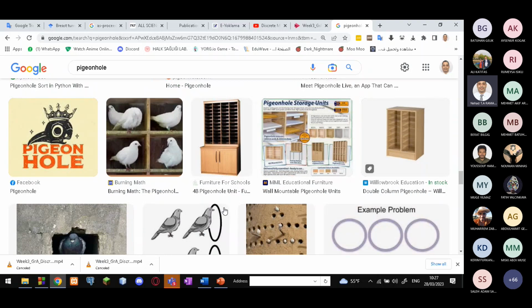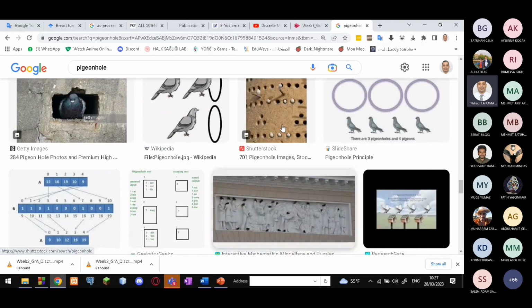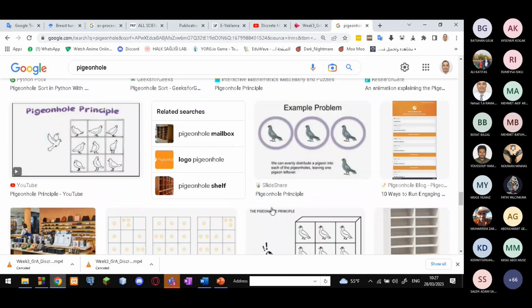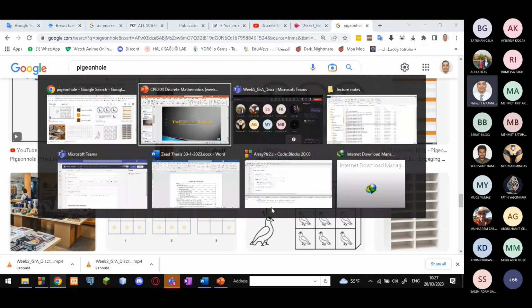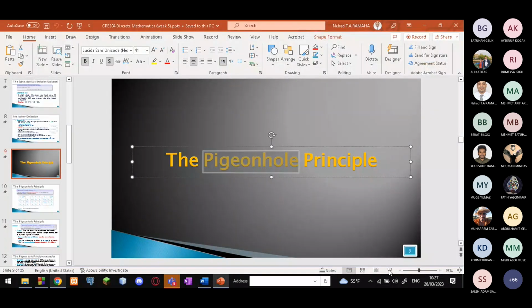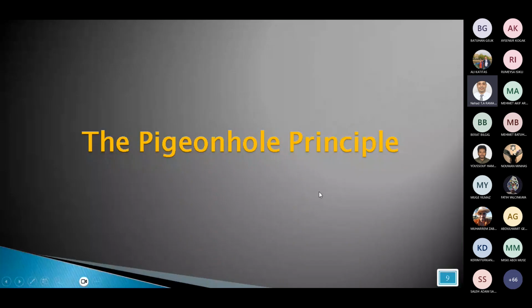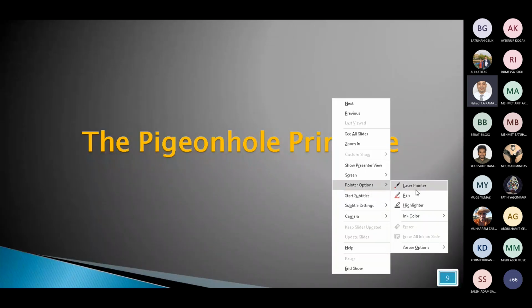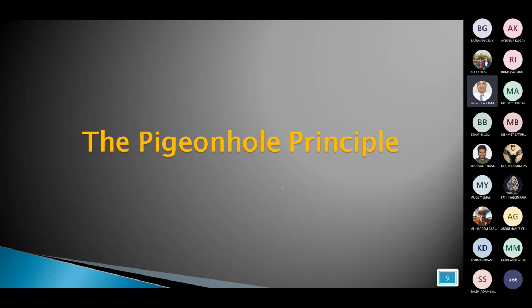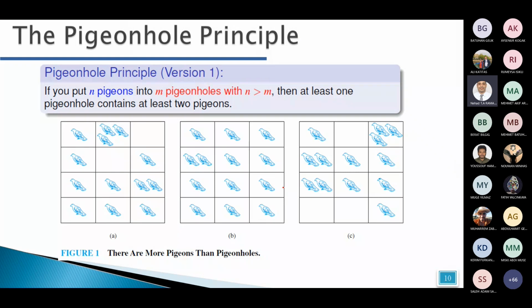So what does this rule say? If we have a number of pigeon holes smaller than the number of pigeons, this means we have at least one pigeon hole that contains at least two pigeons. Look at this picture.